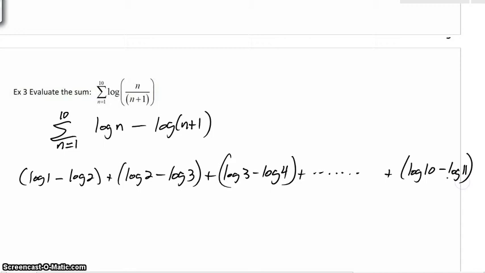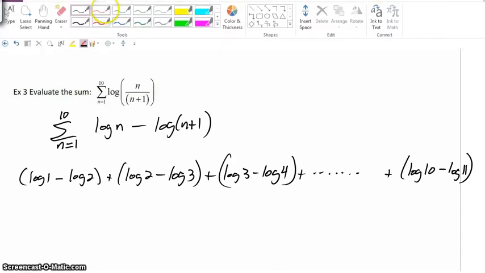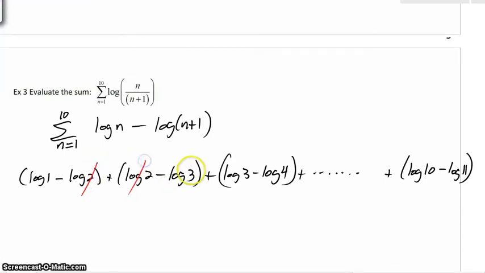Certainly not, thank goodness. But what do you think is going to get canceled here? Let's do some thinking. Well, the log of 2, the log of 3, the log of 4. Last parenthesis, what's going to get canceled? Log of 10. Oh, would you look at that? What's left? Log of 1 minus the log of 11. What's the log of 1? 0. Final answer.